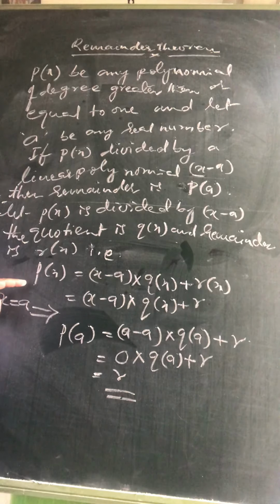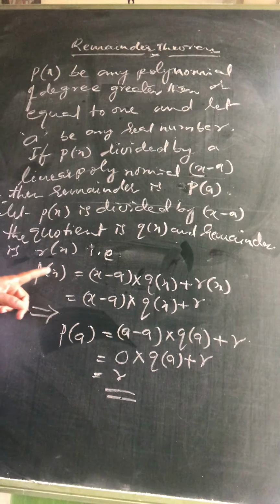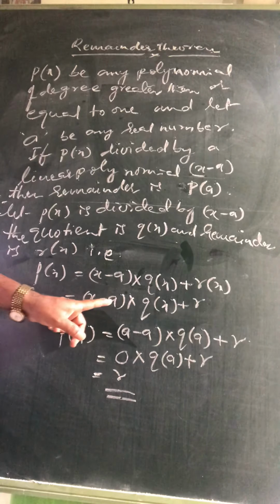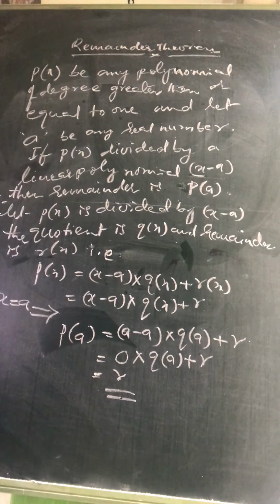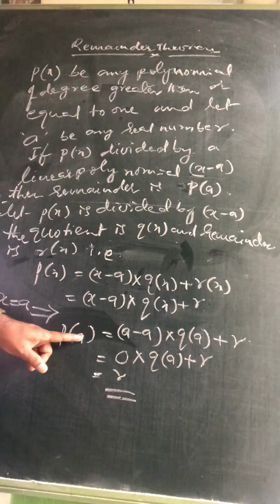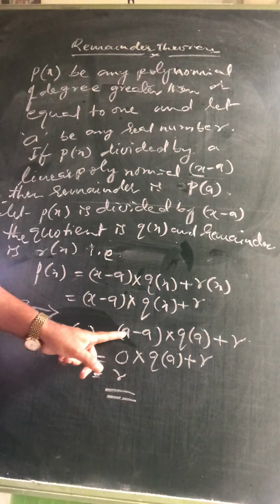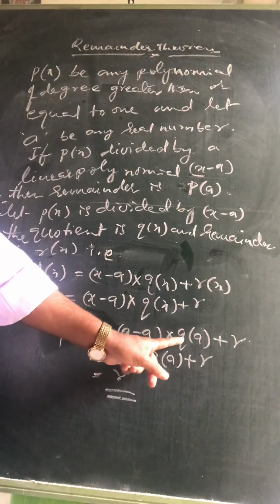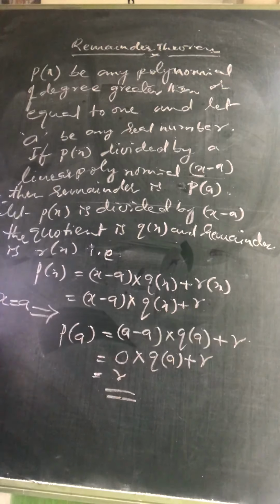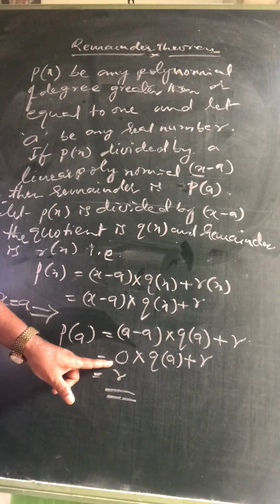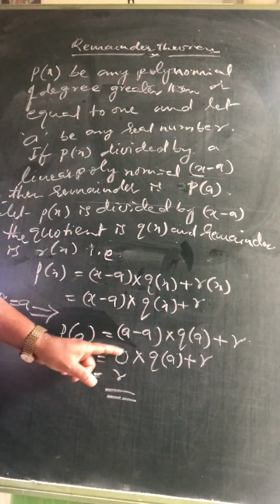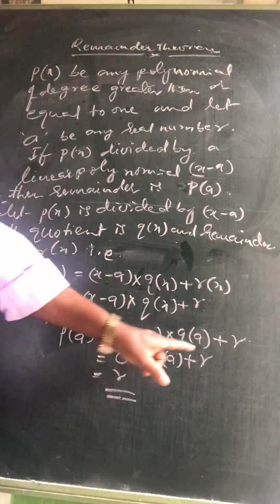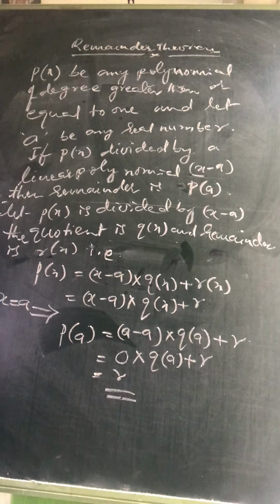That is why we write p of x is equal to x minus a into q of x plus r. Now we substitute x is equal to a. Then p of a is equal to a minus a into q of a plus r. A minus a is 0, 0 into q of a is 0, and 0 plus r is r, which is the remainder.